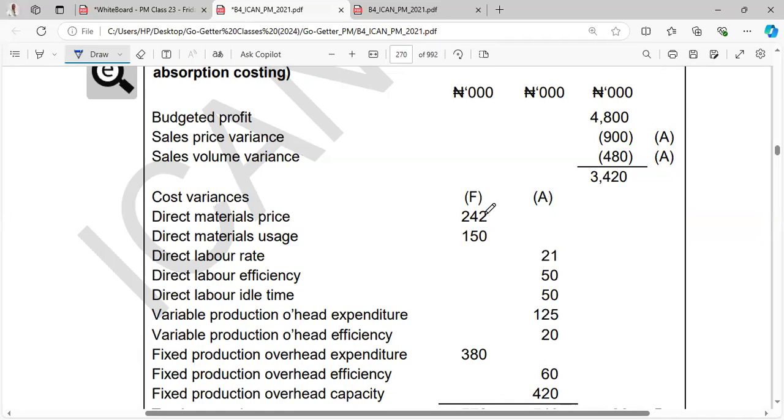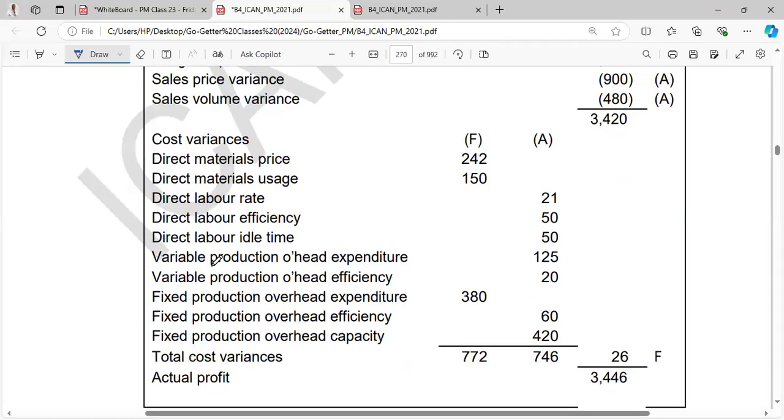So your direct material is showing you favorable price, favorable usage. So you see there was no interrelationship. Direct labor rate and efficiency, they are all adverse. Then we have idle time, which we calculated the other time. Variable production overhead expenditure is adverse, efficiency is also adverse.